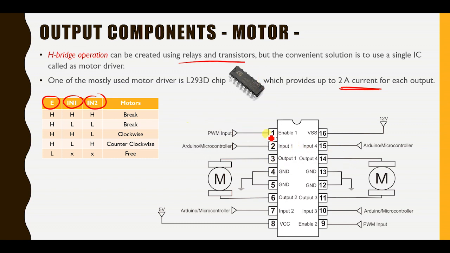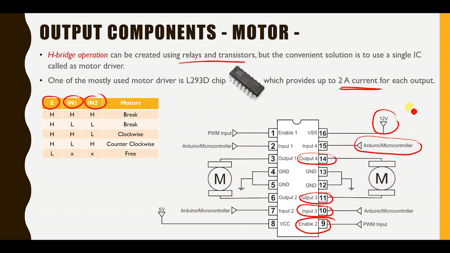The first one, let me look through this diagram. Supply 12 volts or whatever voltage is required for the motor. So we have here the Arduino microcontroller connected to the input pins, and then the output pins go to the motor directly. You have output 4 here and output 3 here. Take note of the connection, and then input 3 from the microcontroller, and enable is either a PWM input or whatever signal input that you need.